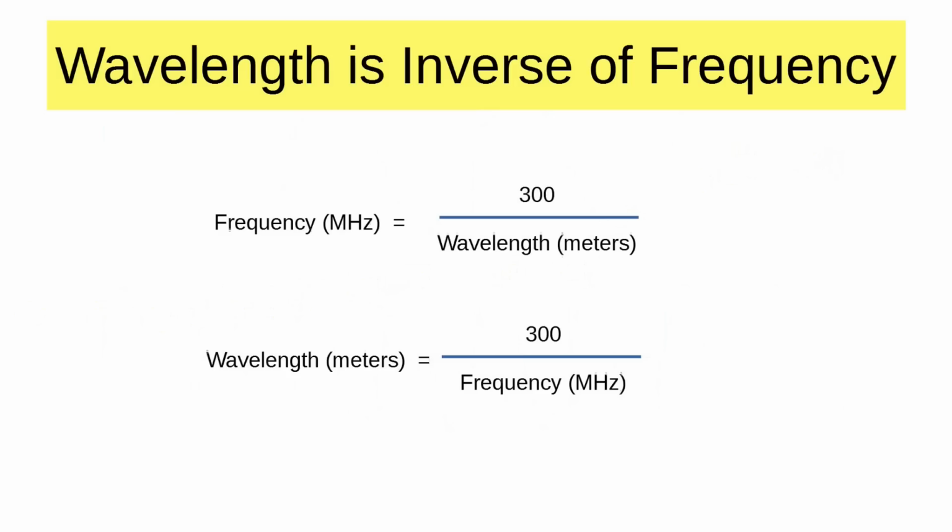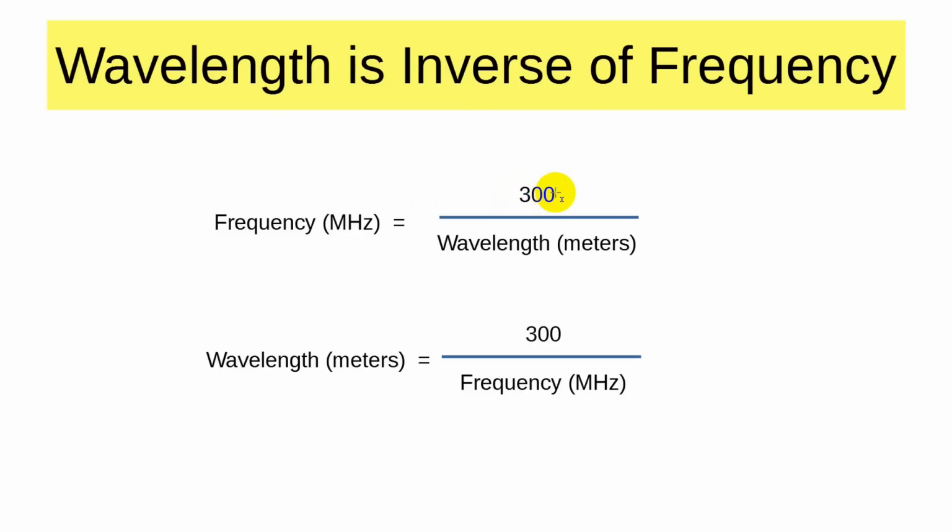Let's get into just a little bit of practical stuff. Wavelength is the inverse of frequency. The frequency in megahertz is equal to 300. This is the speed of light per microsecond, and that's why we've got megahertz over here. Megahertz is 1,000,000. Microsecond is 1 millionth.